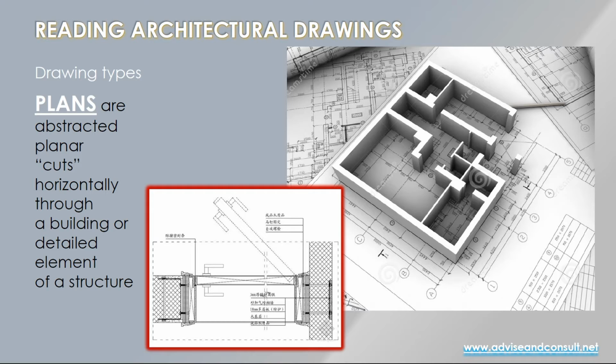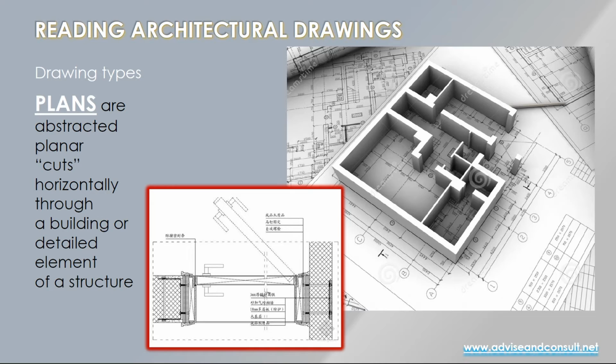And the important thing to know about plans is that slice where you run that machete across the building has to be 36 inches above the floor. And the reason for that is that window sills are generally 36 inches or lower, so that when you draw a plan, it will also represent where the windows, the doors, and various kinds of openings are in the building.